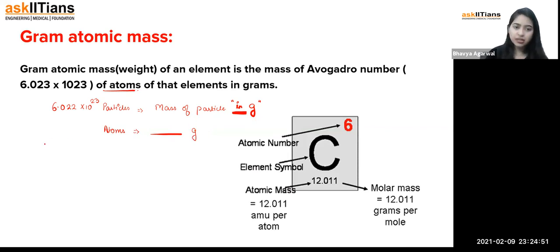For instance, if I take carbon, so if I have 6.022 into 10 to the power of 23 atoms of carbon, then it will have a total mass of 12 grams. Since it is the mass of an atom in grams, therefore we call it gram atomic mass.